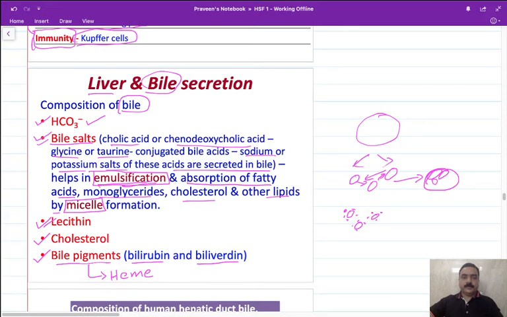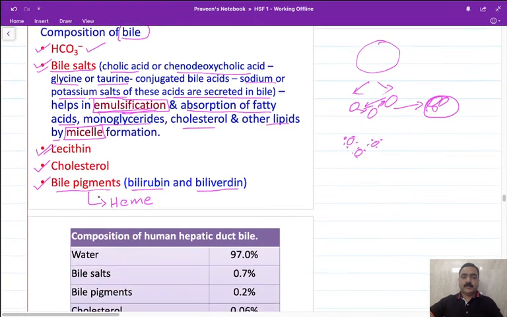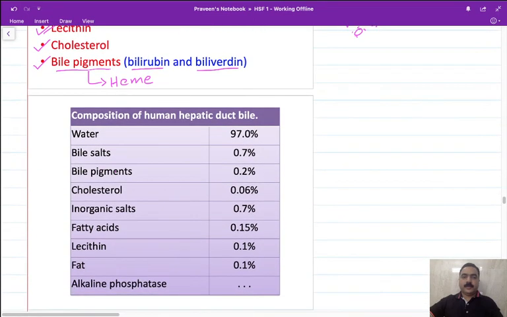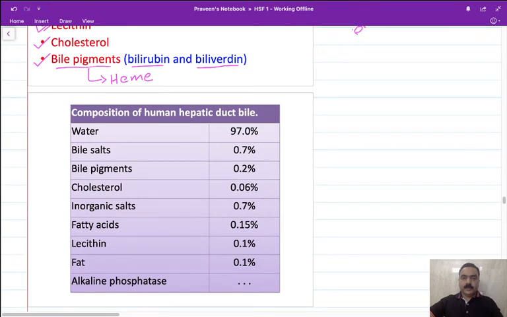Okay, so let's discuss a little bit more about the content over here. The composition in the hepatic duct. The hepatic duct bile is slightly different from the bile from the gallbladder. From the hepatic duct it actually goes to the gallbladder, and what happens in the gallbladder we will see. Here you mainly have a very high level of water, which comes along with the bicarbonate.